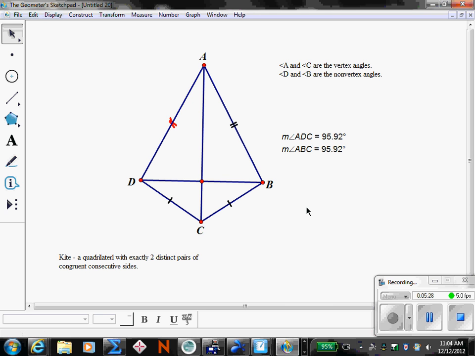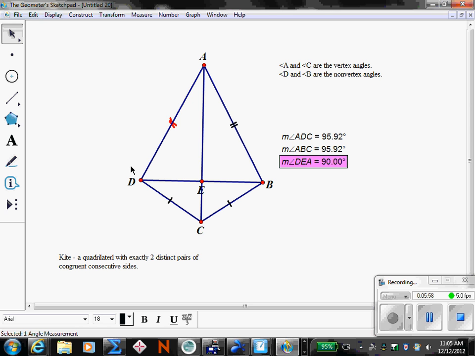The next thing I want you to notice is about the diagonals, which we already know because we constructed it this way, but the diagonals are perpendicular lines. So if I measure one of these angles and note that it's 90, we know that line segment AC is perpendicular to line segment DB. Another thing I want you to know is what the diagonals do to one another.